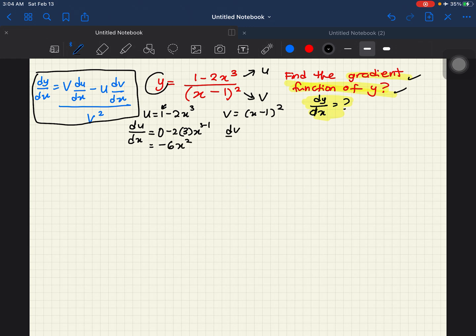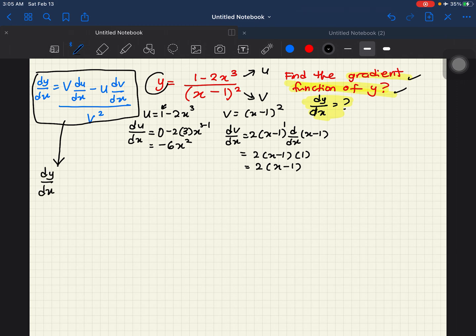Now, my dv over dx is equals to 2x minus 1 power of 1. Remember, you have to always differentiate the terms that inside the bracket. So, 2x minus 1. So, this will be 1. You differentiate x, so you got 1. So, 2x minus 1. Okay, now let's take everything into the formula.